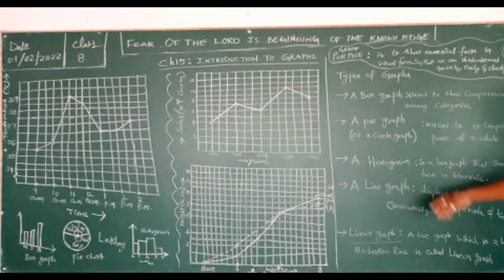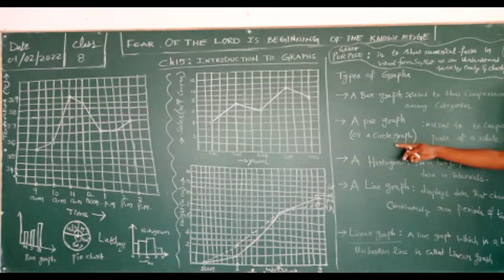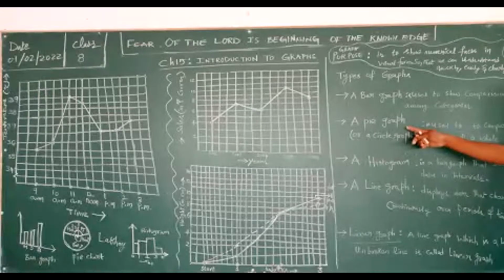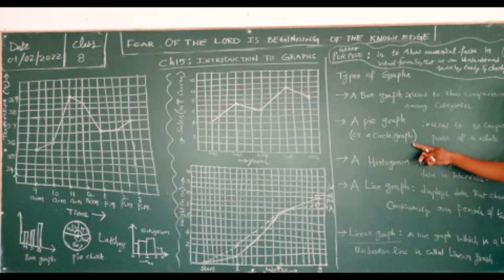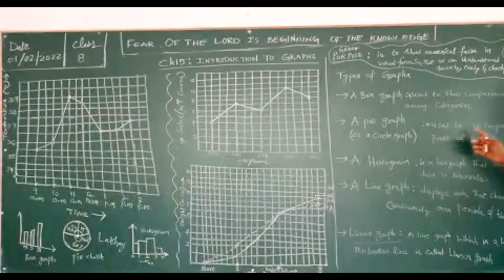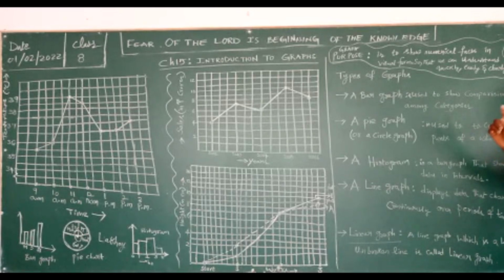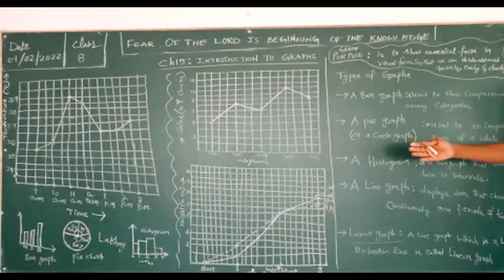And next, a pie graph or a circle graph. Another name of pie graph is circle graph. Circle graph or pie graph, whatever is given, both are the same. And what is the use of it? It is used to compare parts of a whole. Let's take one student's performance, the complete student's performance in all the subjects.